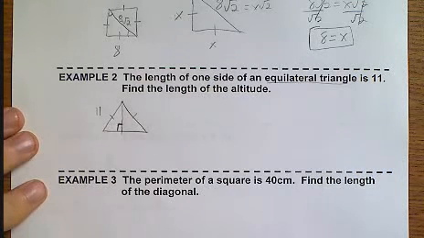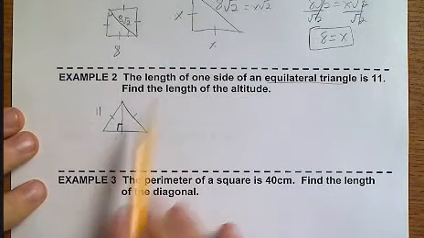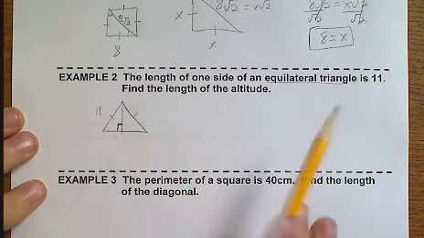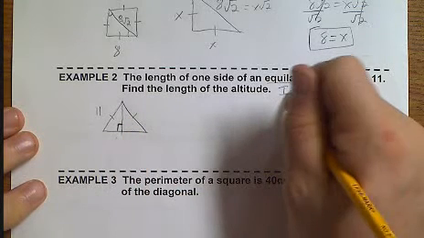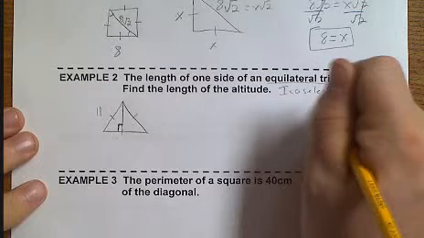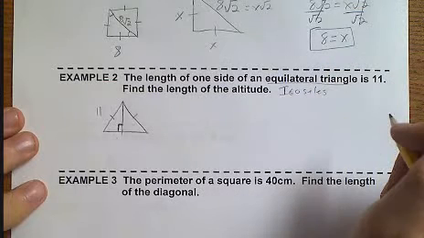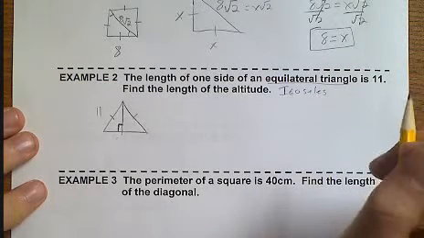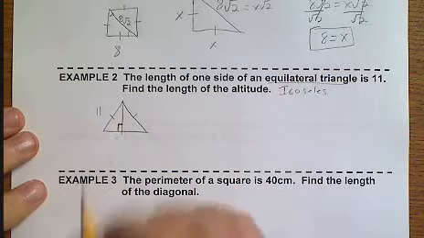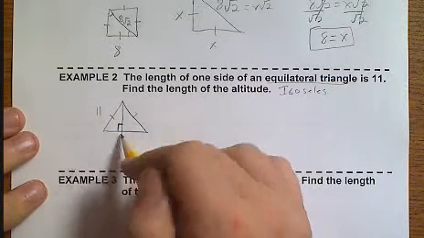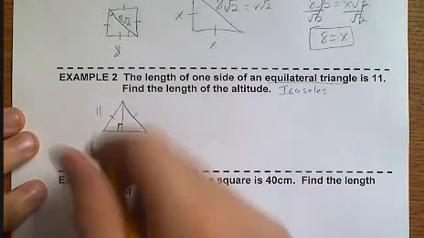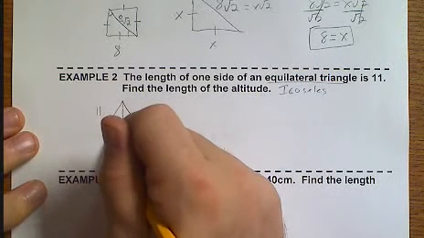Well, because it is equilateral, it is also an isosceles triangle. I probably misspelled the word isosceles, but because it is an isosceles triangle, my altitude just cut it in half, which means that this is 11 divided by 2, which is 5.5.